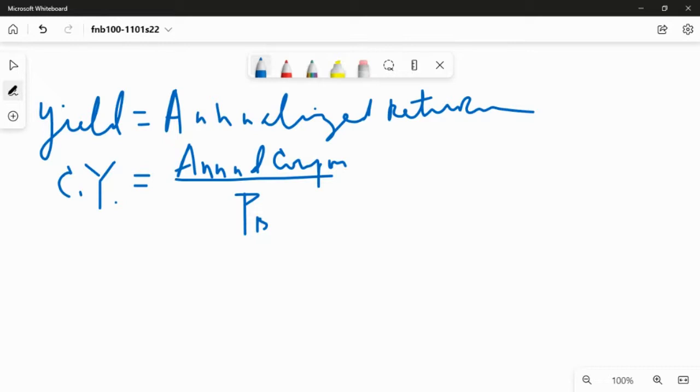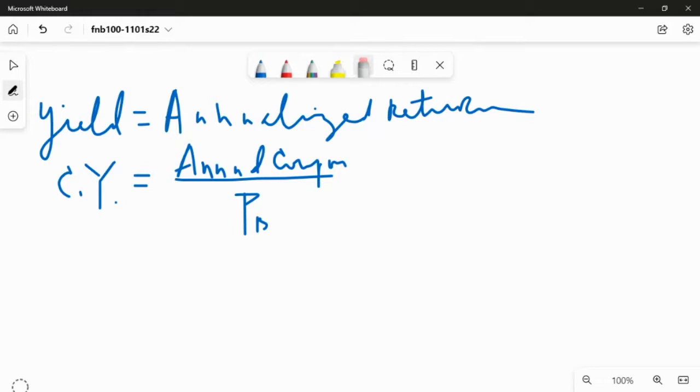So annual coupon payment is nothing but, our coupon payment is every 6 months, right? So every 6 month coupon payment times 2, which is not a difficult thing. But why do we divide it by the selling price of the bond?